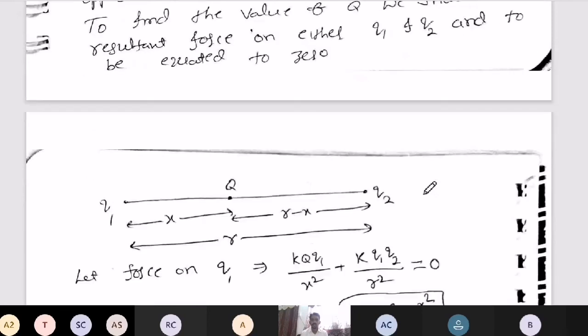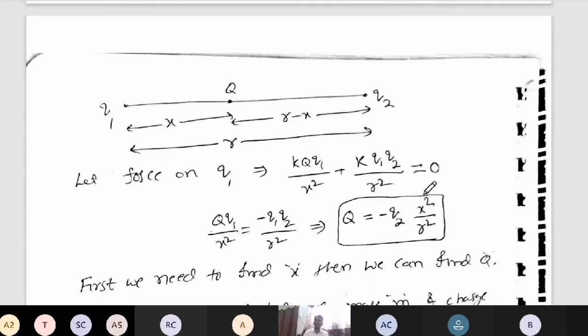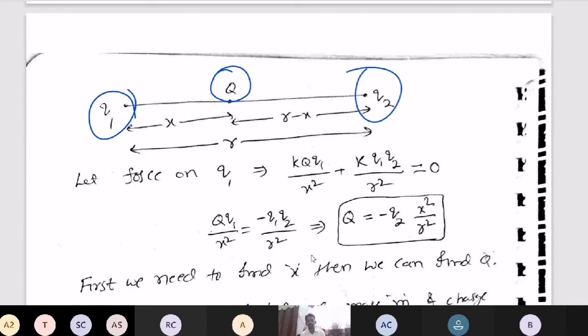Now, here one more thing they will also ask. If two charges are there, what should be the value of the charge so that the resultant force on that charge will become 0, the resultant force on each charge becomes 0.